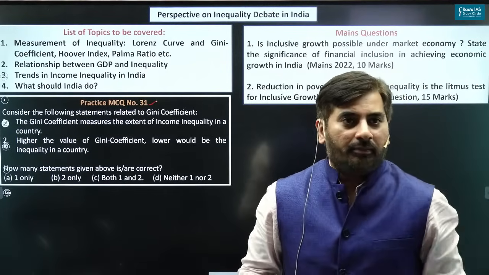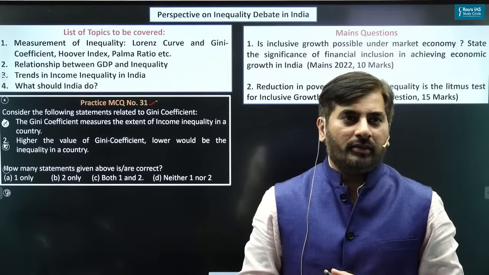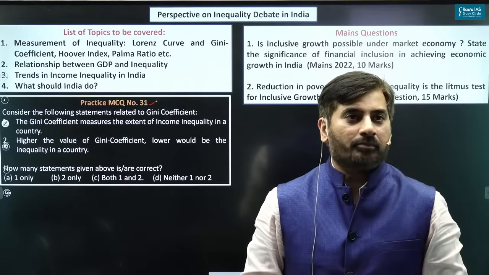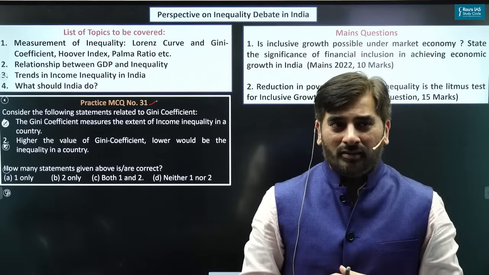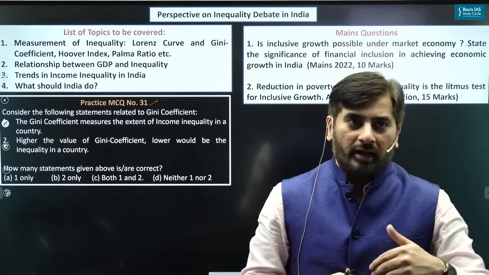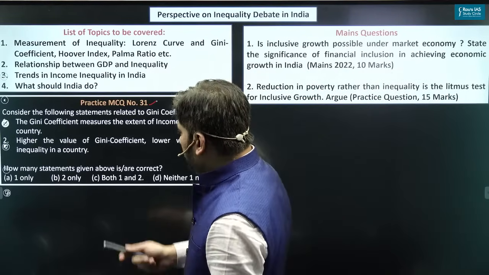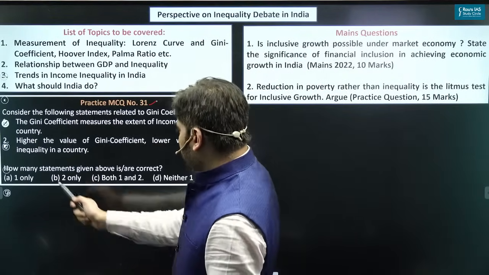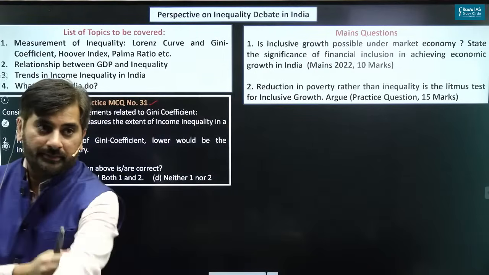Consider the following statements related to Gini coefficient. The Gini coefficient measures the extent of income inequality in the country. Yes. The higher the value of Gini coefficient, lower would be the inequality. No. Higher the value of Gini coefficient, higher would be the income inequality. So the right answer in this particular case is 1 only. Statement number 1. Good.